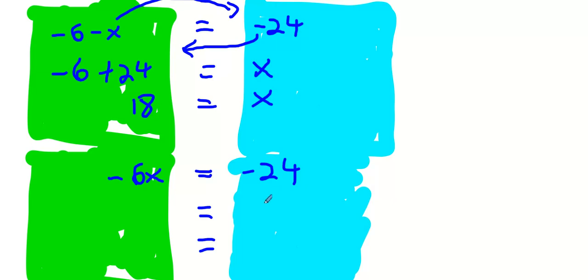Bring over the -6. Where would you like me to put it? Yeah, -6 was a multiplier. -6 was a multiplier this time. So then it becomes a divider. Then what do you get here? X equals 4. We cool with that?